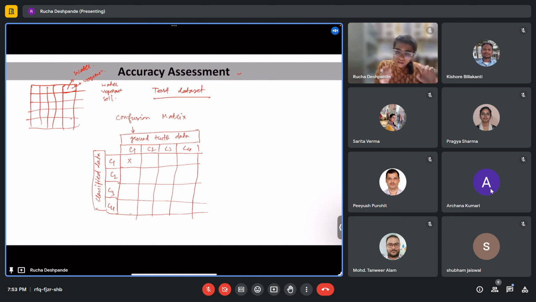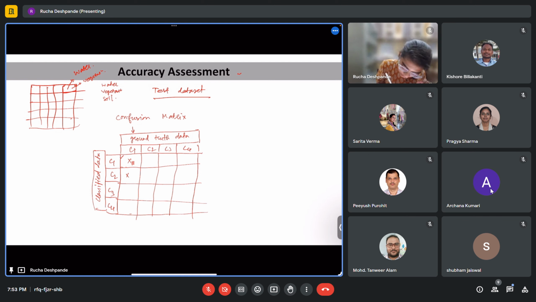This pixel would show the number of pixels which are classified as class 1 on the ground and class 1 by our classification scheme also. So this is x11.